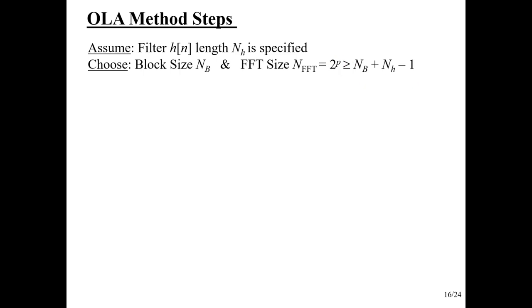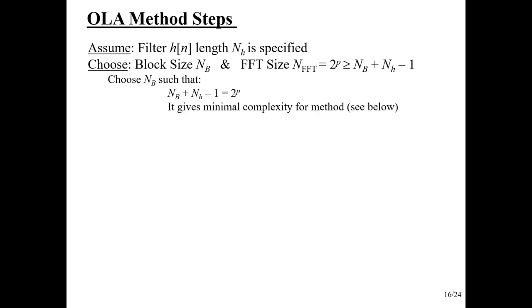That's because FFT algorithms, as we saw back in Unit 1, most of them need the FFT size to be a power of 2. There are some special ones that are more general than that, but we'll just stick with this for now. So in general, since we can pick NB, we pick NB to give us some power of 2.